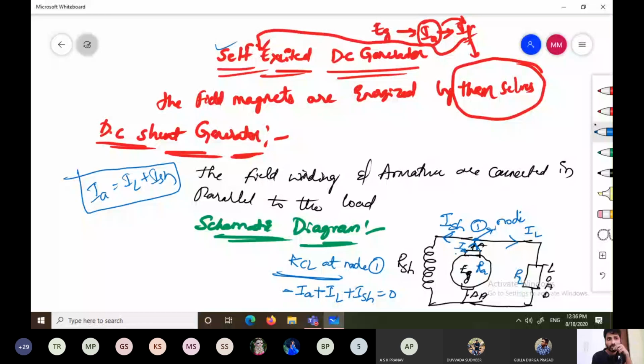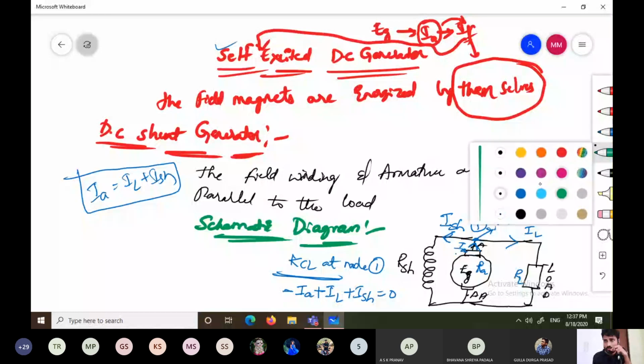Now I want an EG equation. How can you find the EG equation? Simply by applying KVL for the armature and load circuit. Here you can easily observe this is the armature and load circuit, and we are moving in the direction of IA and IL.